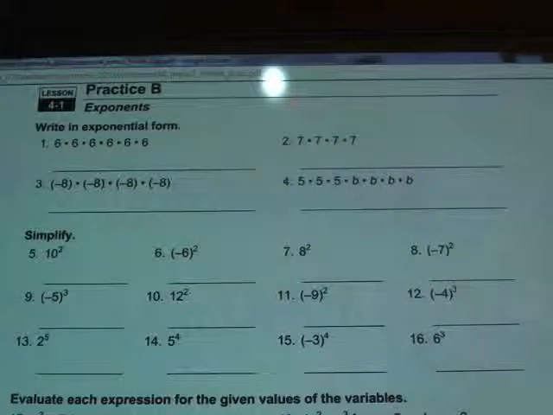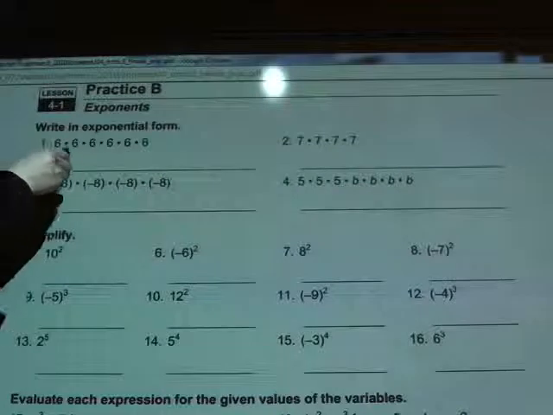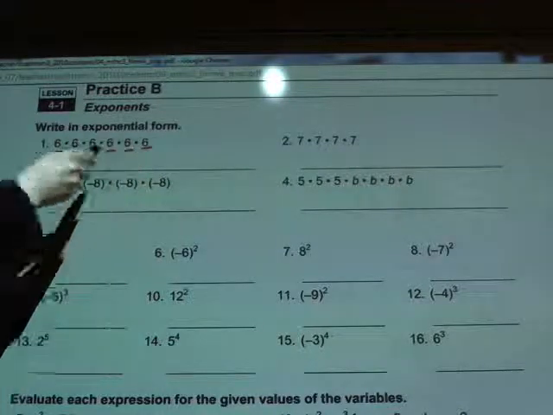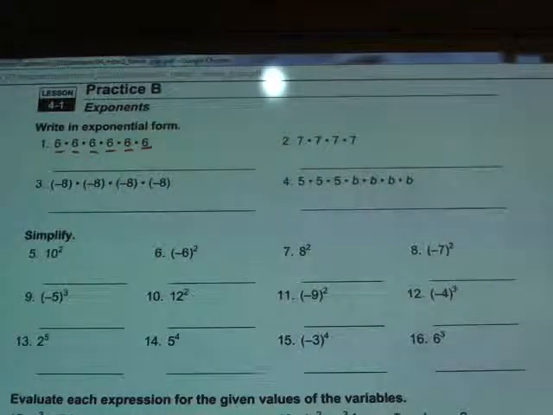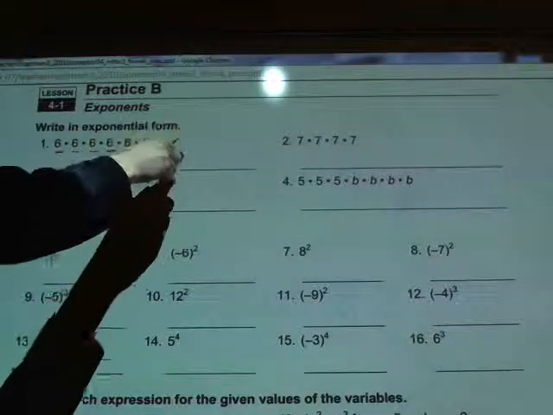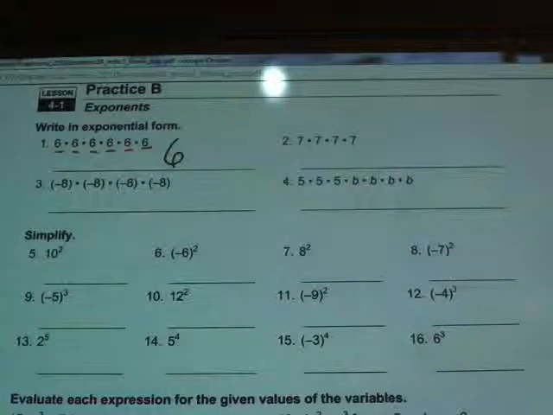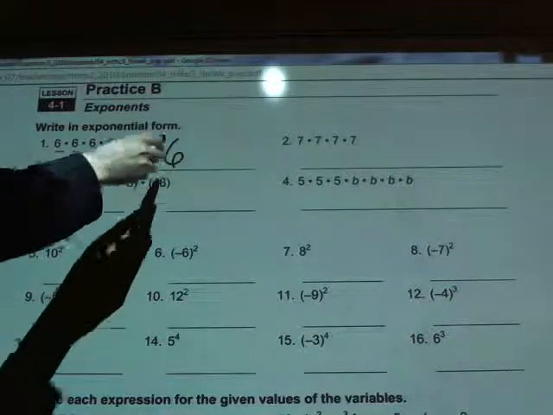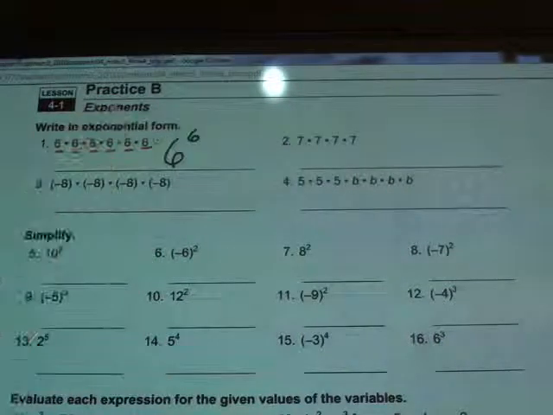So as we can see, looking at the question there, 6 is being represented here 1, 2, 3, 4, 5, 6 times. So since the base is 6, the number I'm multiplying is 6, the base is going to be 6. And then the exponent is how many times it's there. Well, since it's there 6 times, the exponent is 6. So that's 6 to the 6th.